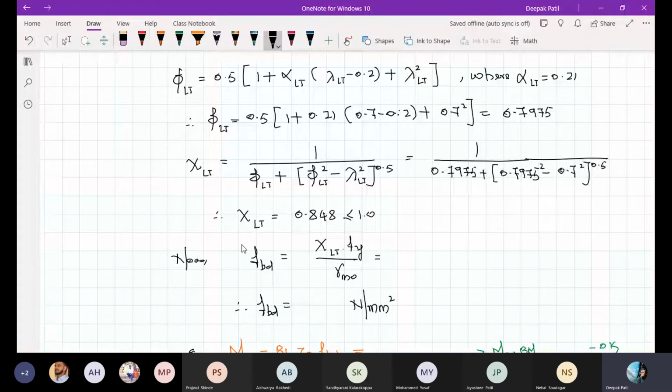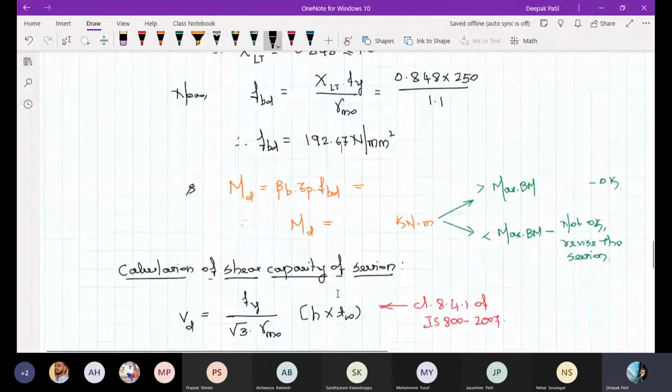Then I can calculate the elastic bending stress, which is xi LT times Fy divided by gamma m0. Xi LT is 0.848, multiplied by Fy, the yield strength, which is 250, divided by gamma m0, which is 1.1. So from this, I will get the value of Fbd as 192.67, that is the bending compressive stress.